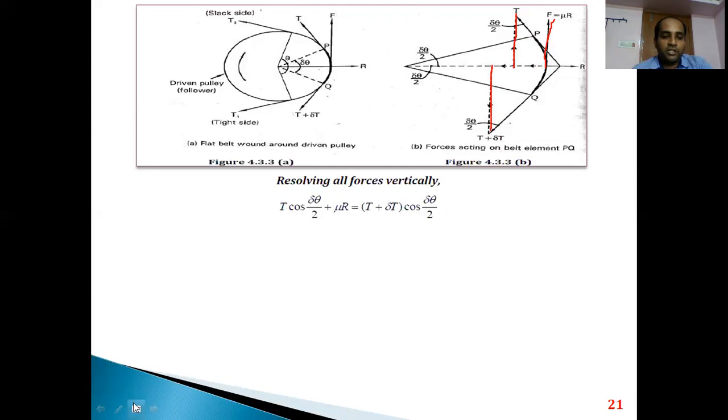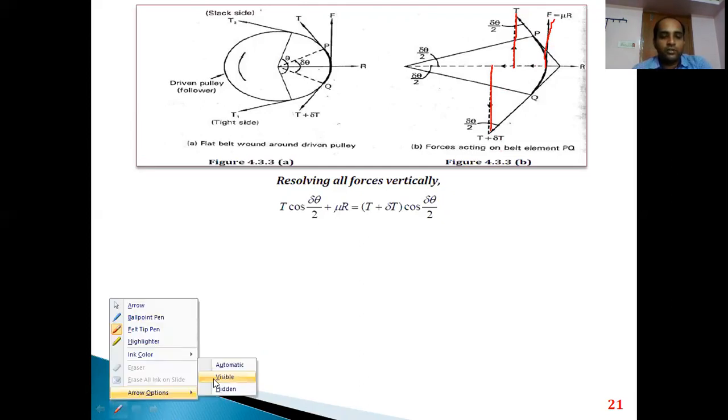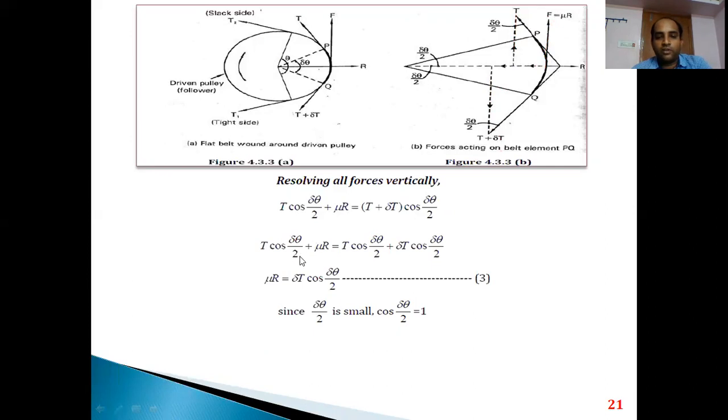These are the forces resolved along the vertical axis. Continuing the simplification, T cos delta theta by 2 plus mu R is equal to T cos delta theta by 2 plus delta T into cos delta theta by 2. On both sides T cos delta theta by 2 gets cancelled, and we get mu R is equal to delta T into cos delta theta by 2.